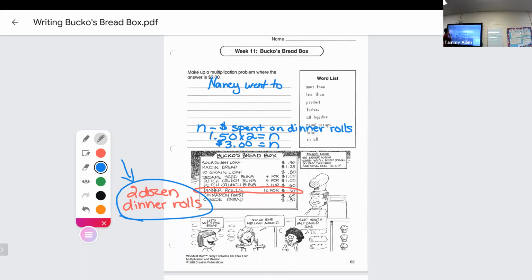And what store was this? Bakery. Uh-huh. She saw princess rolls go for $1.80.